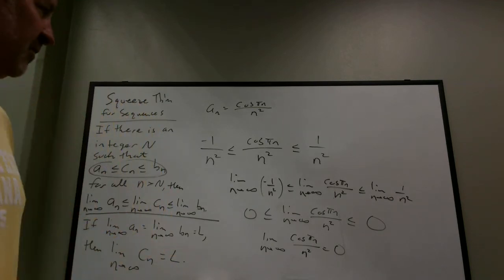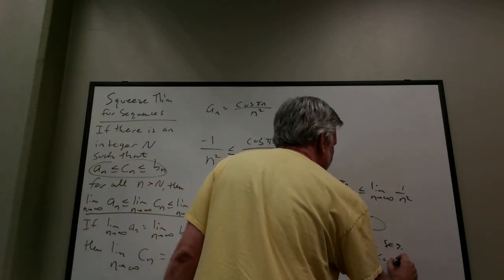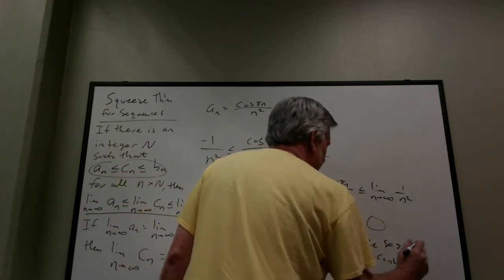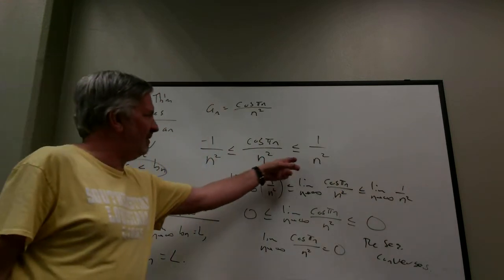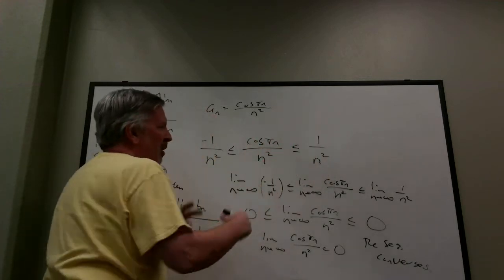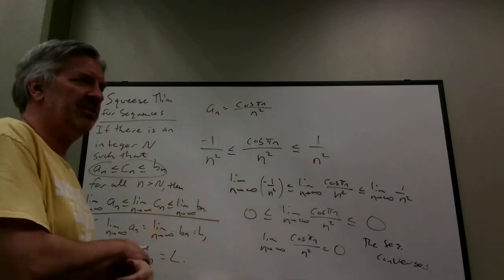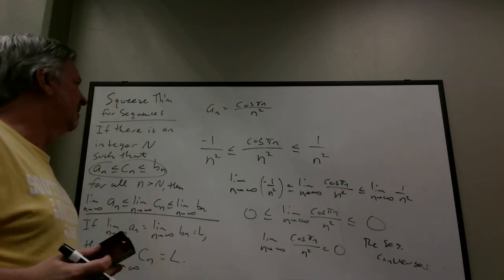So the sequence converges by the squeeze theorem. The squeeze theorem is sometimes not so easy to use because you have to figure out two sequences, one that's bigger and one that's smaller, that you can determine the limits of. So sometimes it's not so easy to use the squeeze theorem.